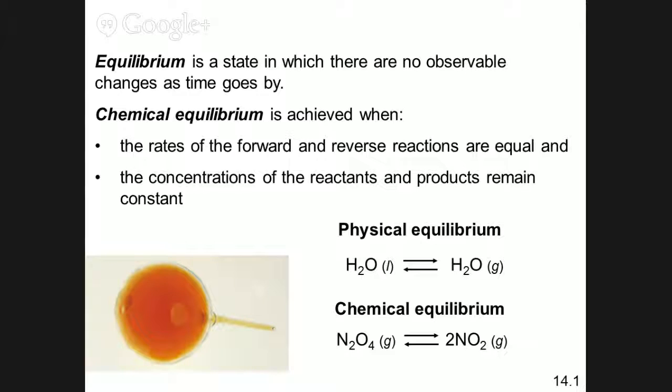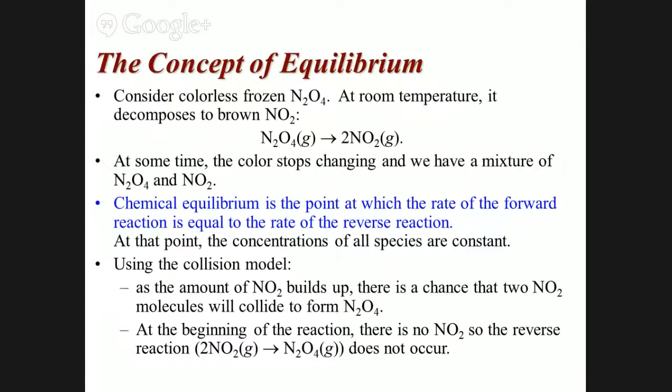So what we're going to look at is some ways of explaining what equilibrium is, and hopefully that will help you with some of the questions we're asking. Okay, concept of equilibrium. So we're going to start with an example. N2O4. Okay, it's a colorless, frozen, solid object.